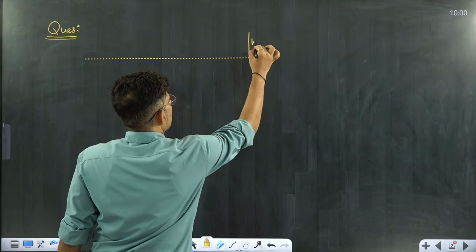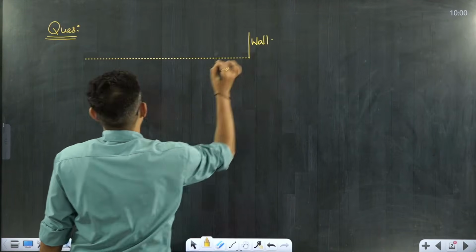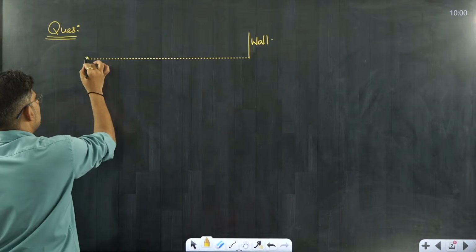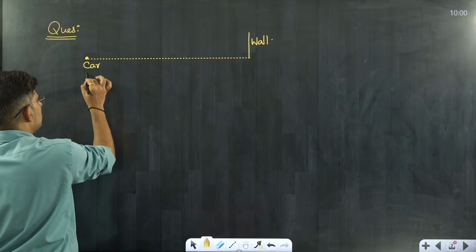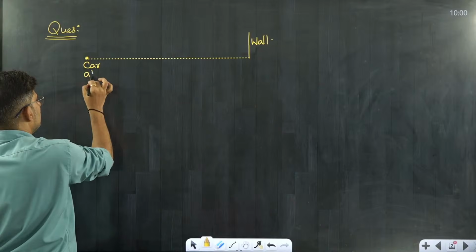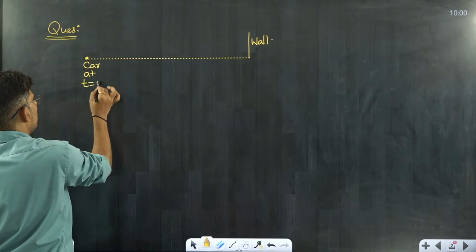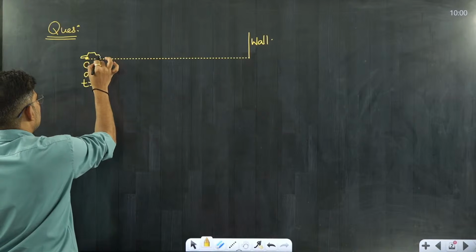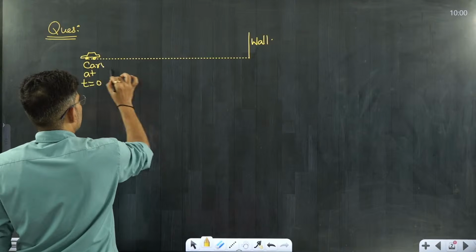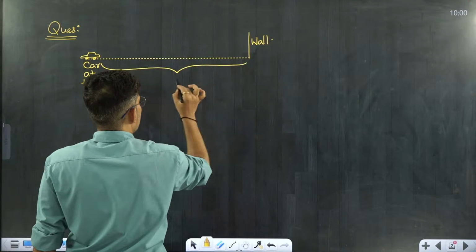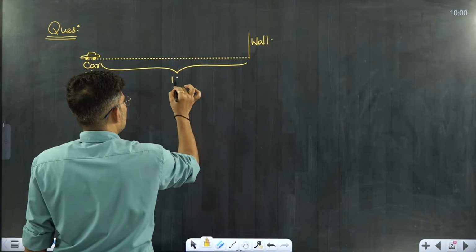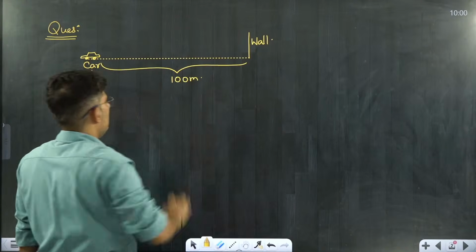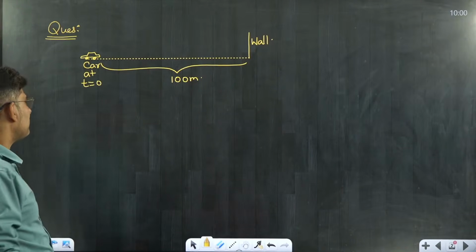there is a wall and here there is a car at t equals 0. The distance of the car from the wall is given as 100 meters.